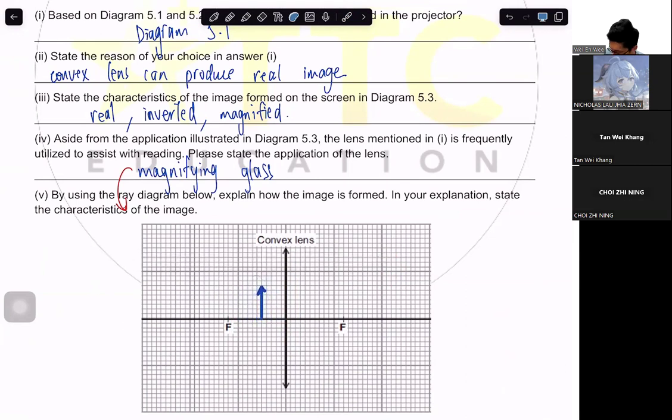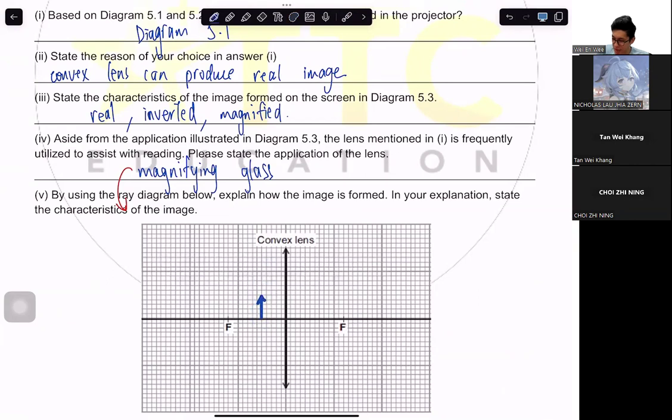Okay, all right, now let's recap a bit on how to draw a ray diagram. Remember, there are a few lines that you know for sure where they are going to go.